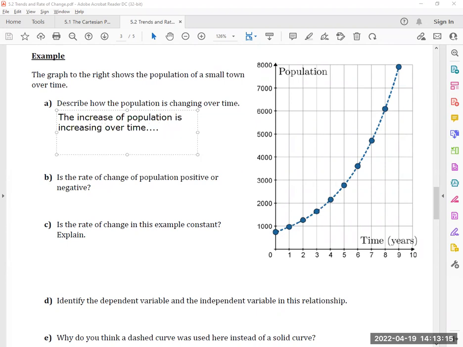Another way you could say it is the rate of change is changing, the rate of change is increasing. Now that I think about it, in my example, I should have just gone straight to COVID. Is the rate of change of the population positive or negative?